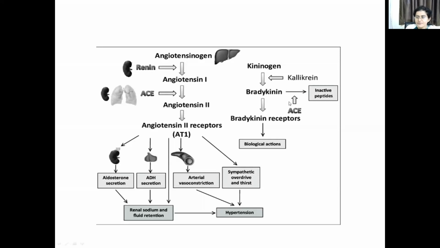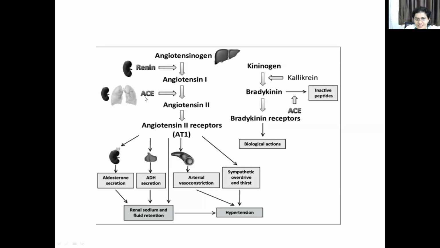This peptide is responsible for swelling because it causes vascular permeability and accumulation of fluid. So that causes swelling. So you understood the role of ACE inhibitors in angioedema, swelling of the lips and so on.